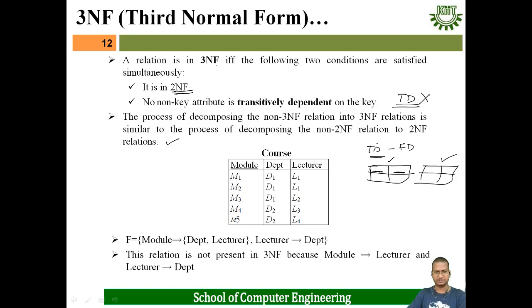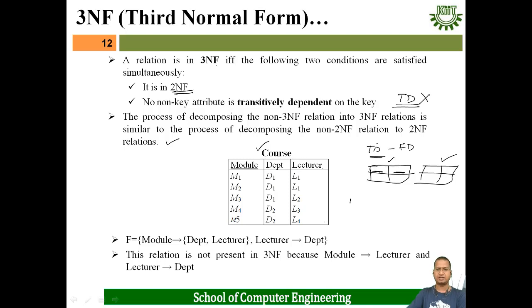Okay, in this case, just see. Suppose Course is the relation and here Module, Department and Lecturer are the attributes. The functional dependencies are Module determining Department and Lecturer determining Department. Then is this relation in 3NF? First we have to find out the key attribute and non-key attribute. To find them, first we have to find out the candidate key.